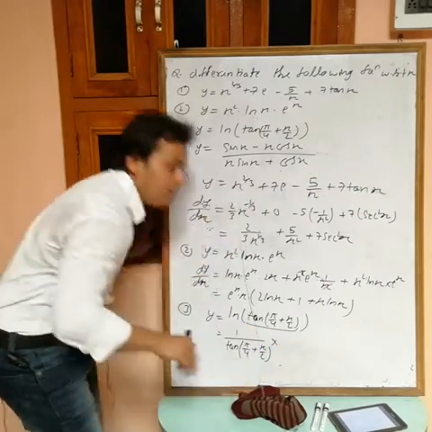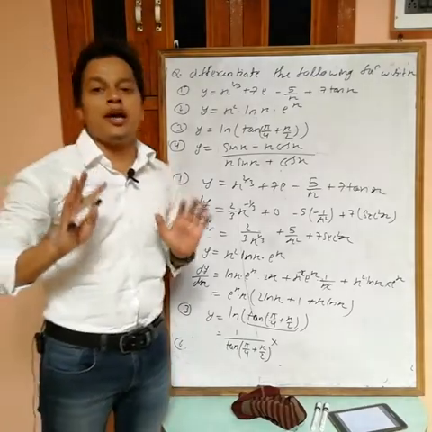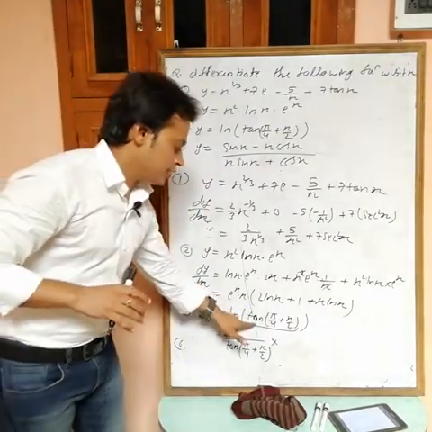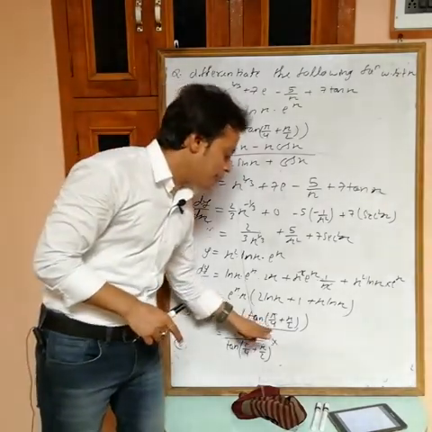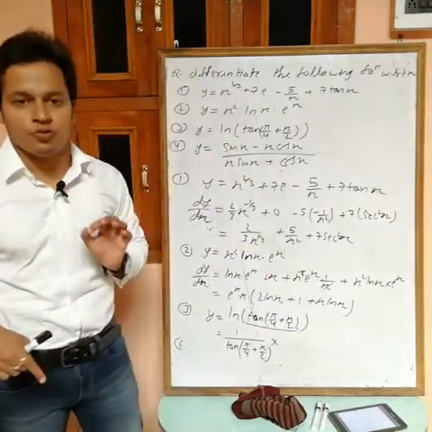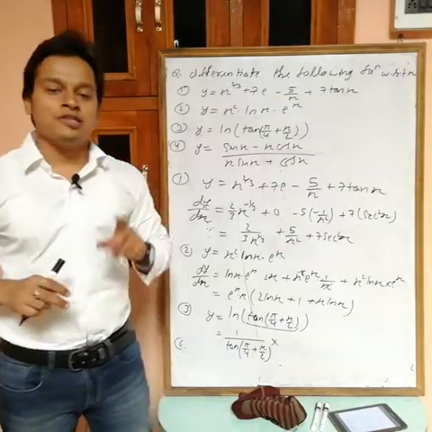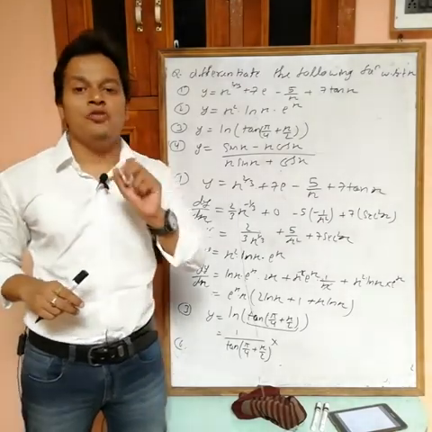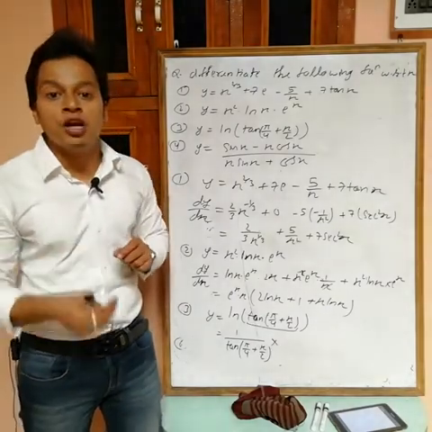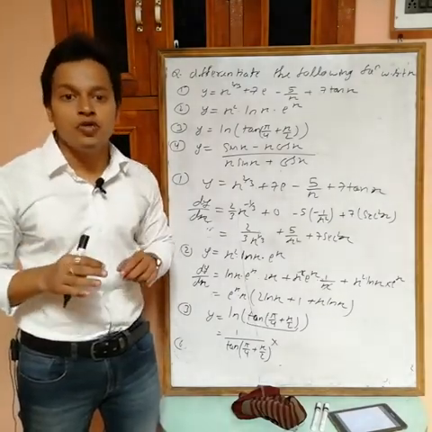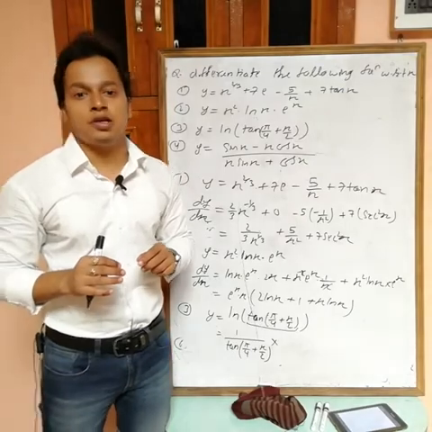Now again differentiate the assumed x. We want to differentiate tan of (pi by 4 plus x by 2). Now do you have the formula for tan of (pi by 4 plus x by 2)? No. We have the formula for tan x, not for tan of (pi by 4 plus x by 2).